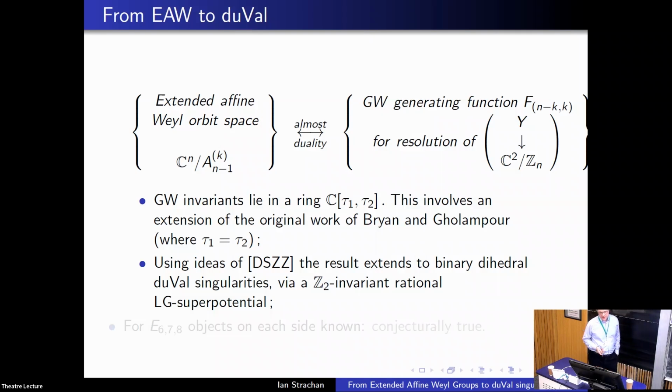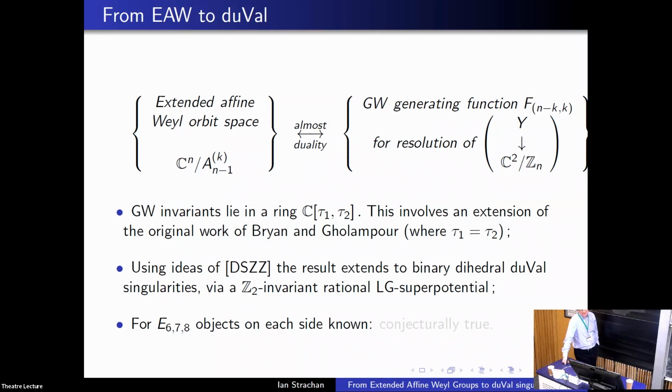So finally, what do we know to complete the picture? Well, that's complicated. For E6 and E7, the objects on both sides are known. The original Dubrovin-Zhang construction, albeit for a specific marked node, exists as a construction here. There's also the construction of Bryan and Gholampour over here. So one can conjecture that the 2 are connected by almost duality, and also conjecture that there's an interesting arrangement of hyperplane arrangements in the middle somehow, in dimensions 7, 8, and 9.